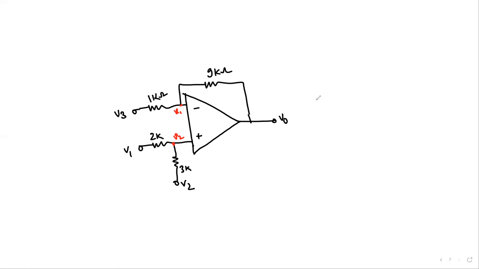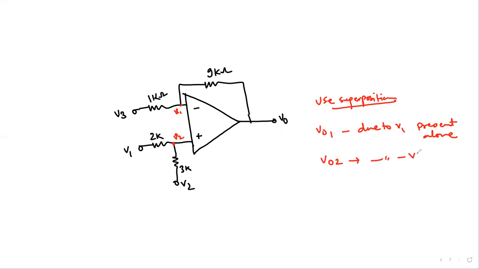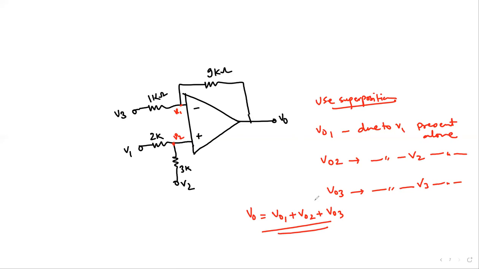So again, we can apply the superposition to obtain this. So obtain the response of VO1, which is due to V1 present alone. Obtain the response of VO2 due to V2 present alone, and obtain the response due to V3 present alone. And then the final output would be the sum of all the voltages that we have seen here. So this can be left as an exercise. Okay.